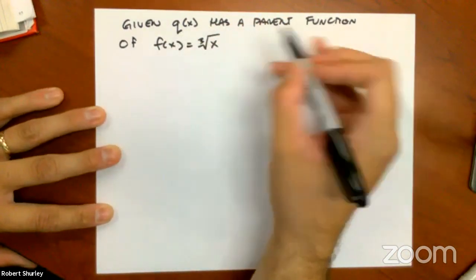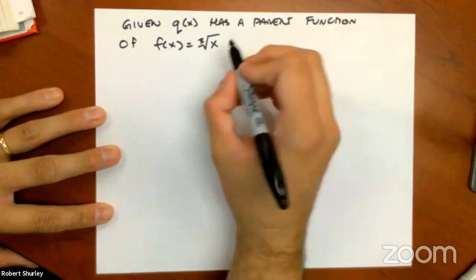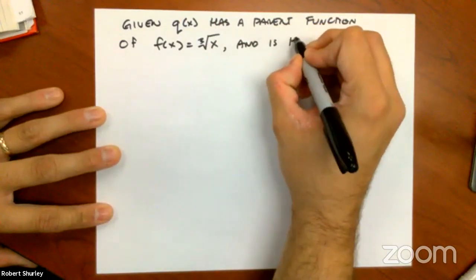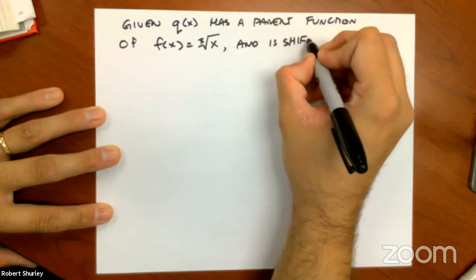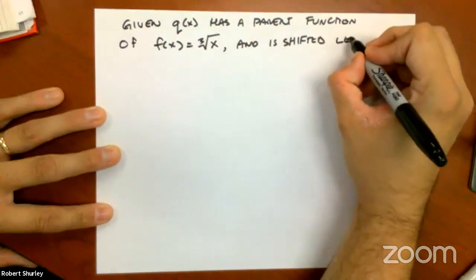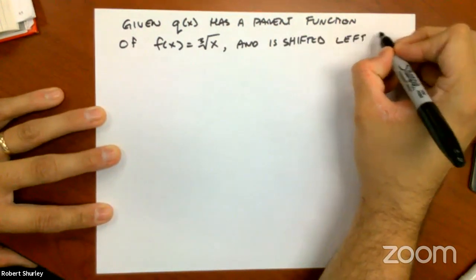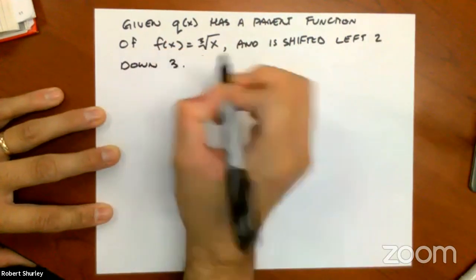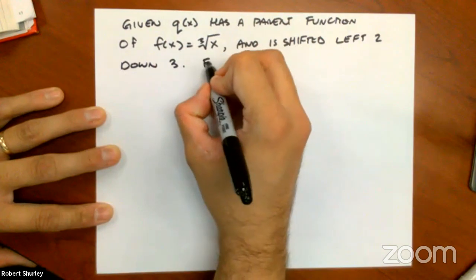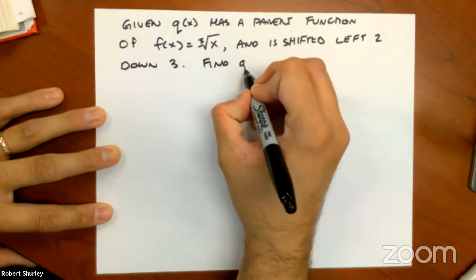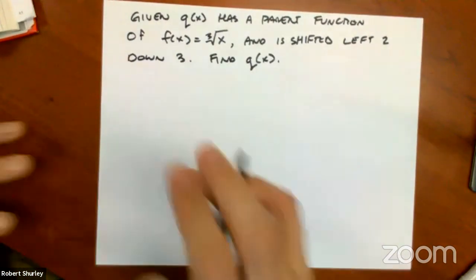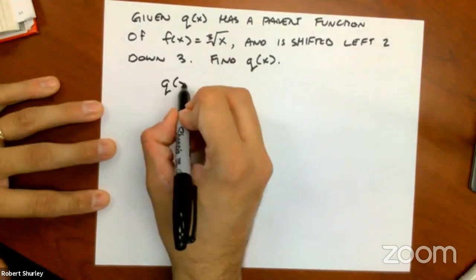Given q of x has a parent function of f of x equals the cube root of x and is shifted, let's say left 2 and down 3. I want you to find q of x. Find q of x. So really write the equation out for q of x.